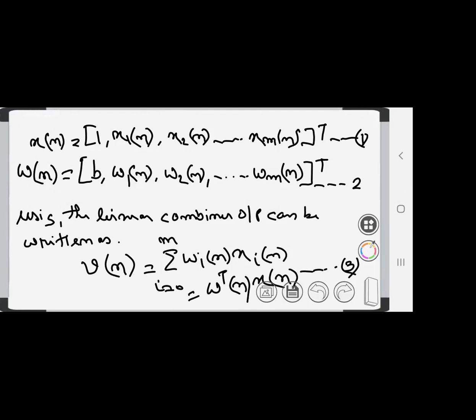The linear combiner output can be written as v(n) equals the summation over i equals 0 to m of wi(n) xi(n). The term for i equal to 0 represents the bias term.